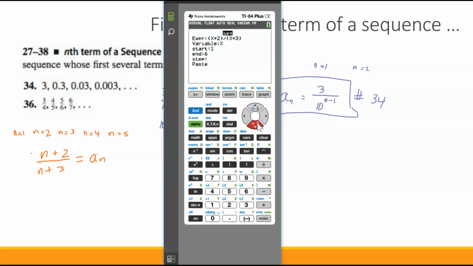We're going to start at 1. Let's go to 6 and look at the first 6 terms. We're going to have to add math fraction to the end. If we add math fraction, there it is: 3/4, 4/5, 5/6, 6/7, etc. So we know we have a correct formula.